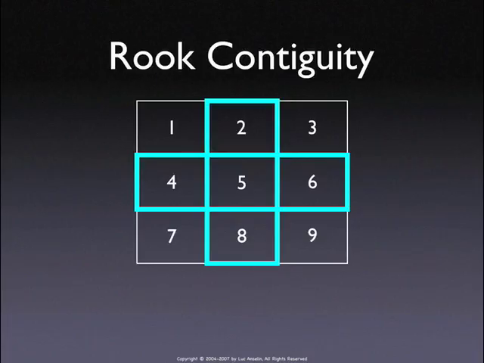So using this Rook contiguity concept, we end up with 4 neighbors for our cell number 5. Now let's change the definition and say, okay, neighbors are those cells that have a common corner, a common vertex. Okay? And that we call the Bishop pole.